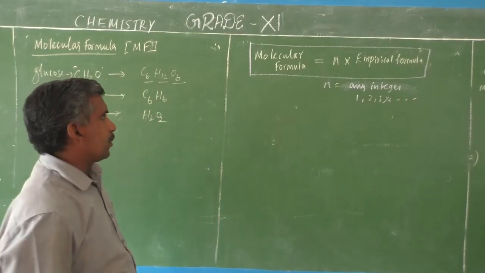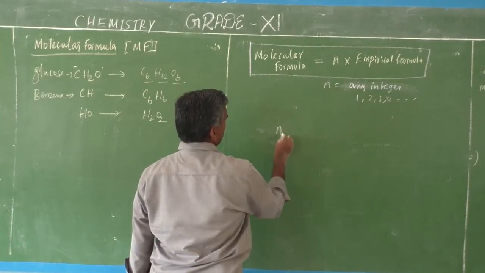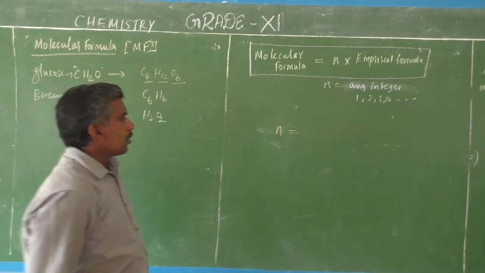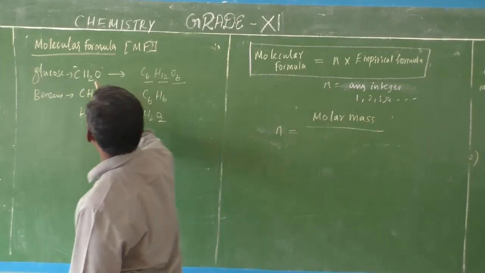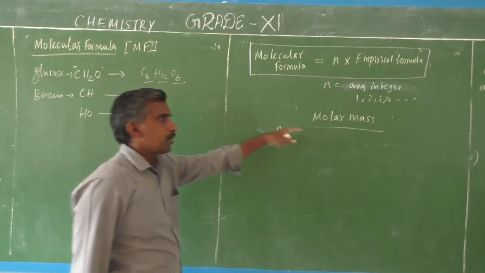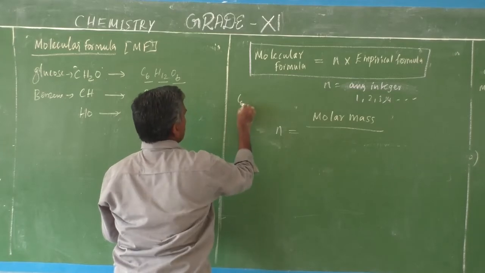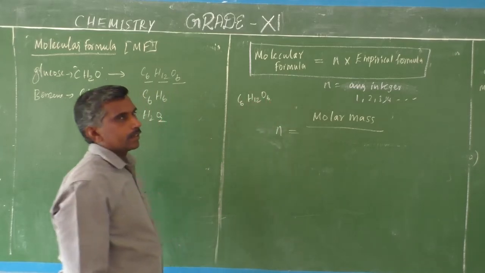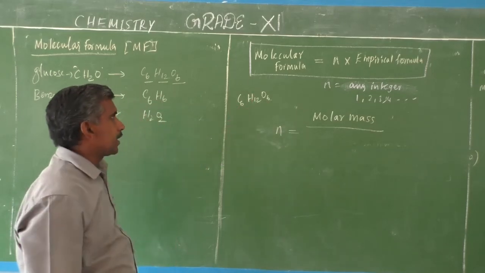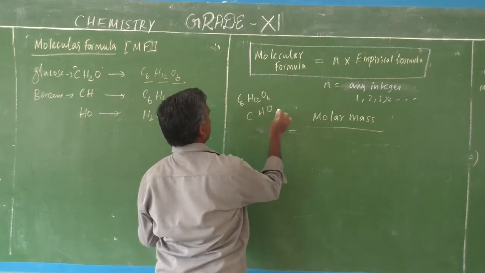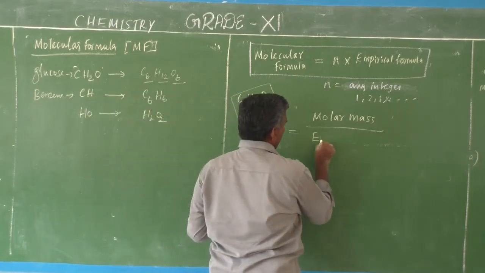Now you find the n value. The formula for finding n is the molar mass of the compound divided by the empirical formula mass.